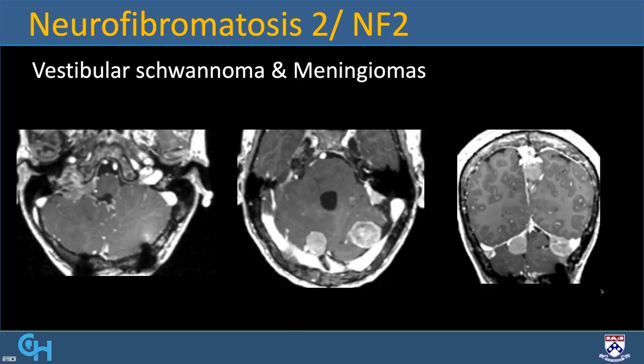In neurofibromatosis type 2, we have the classic bilateral vestibular schwannomas that we are seeing here, along with many other multiple cranial nerve schwannomas, as well as enhancing meningiomas, which are very nicely demonstrated here in this case of NF2.